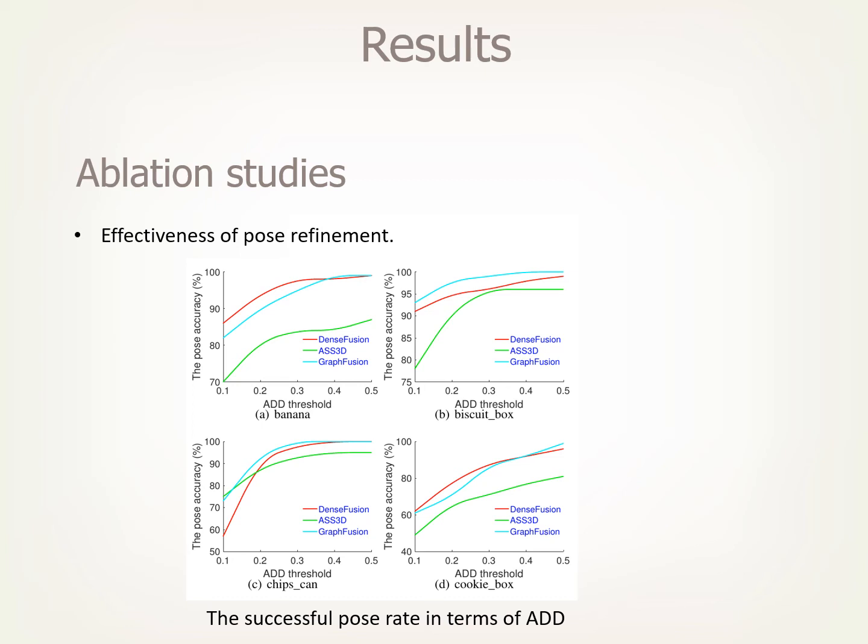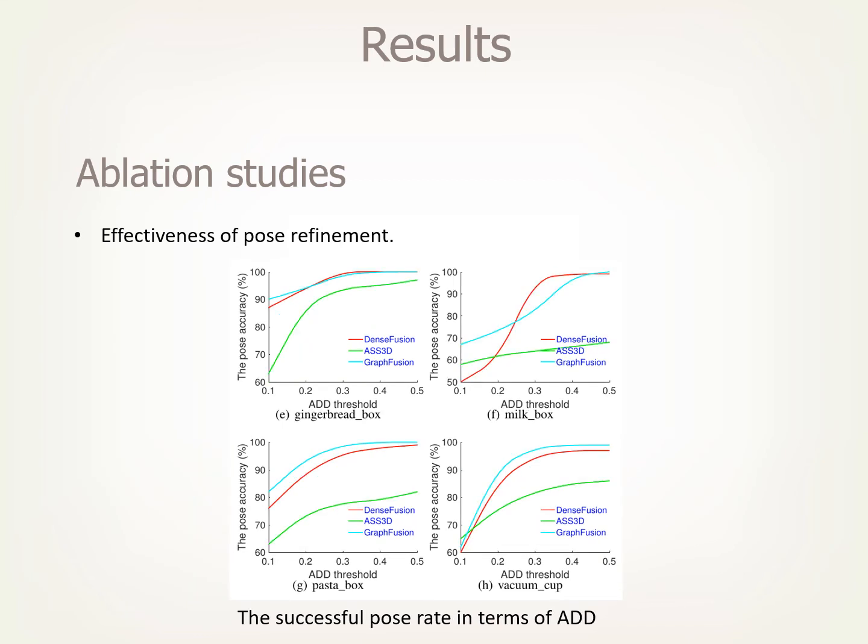The following figures show the successful pose rate in terms of ADD for 8 objects. From these figures, we can see that DenseFusion and GraphFusion, which perform iterative pose refinement, are able to further improve the accuracy of the object pose.